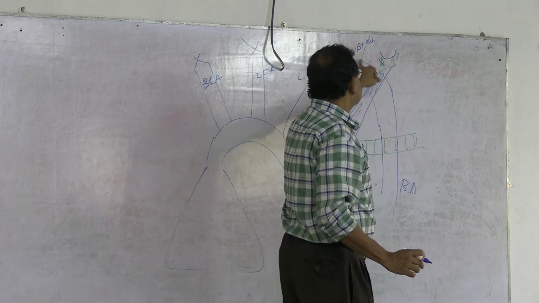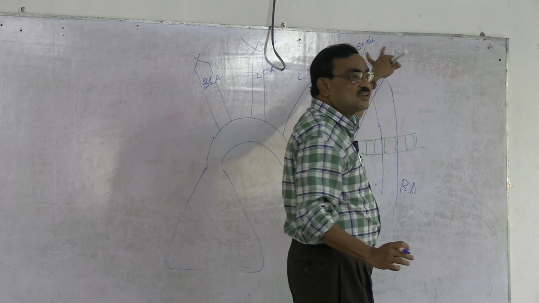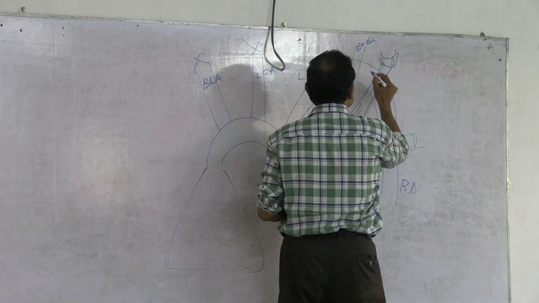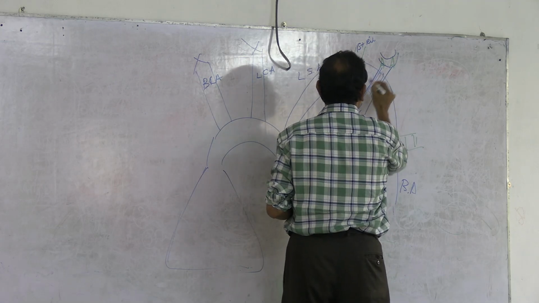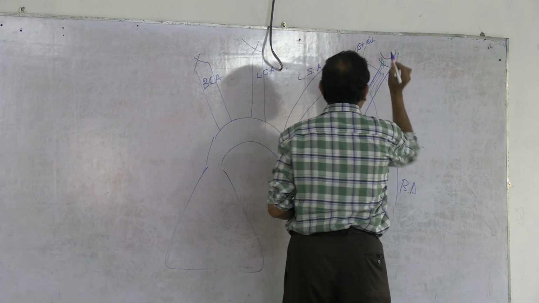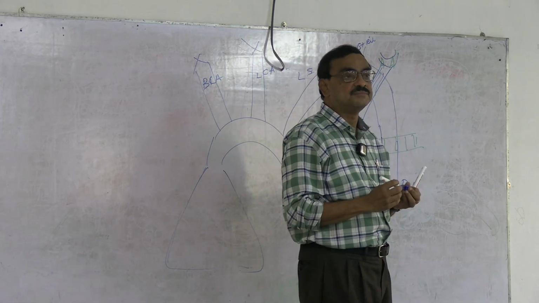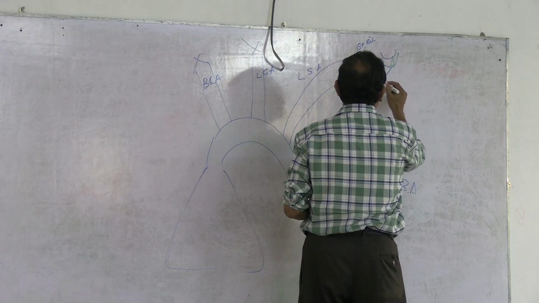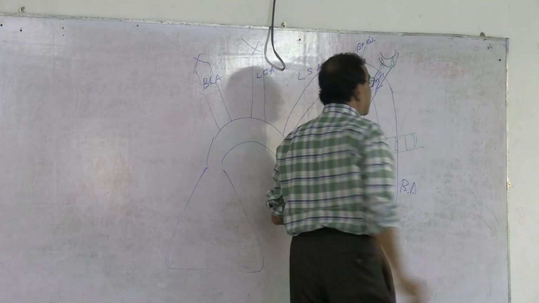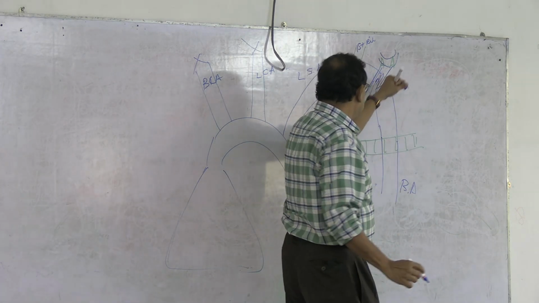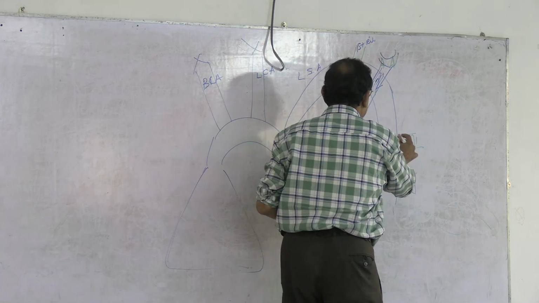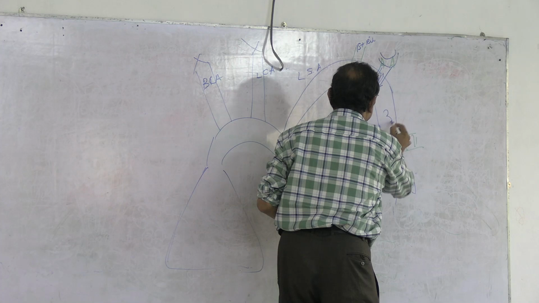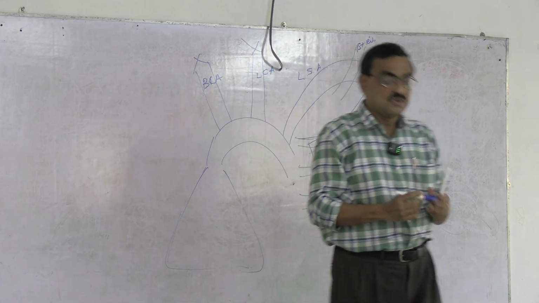So this axillary artery has got three parts. One, from the outer border of the first rib to the upper border of the pectoralis minor, this is called the first part. Behind the pectoralis minor, this is called the second part. And from the lower border of the pectoralis minor up to the lower border of the teres major, this is called the third part.